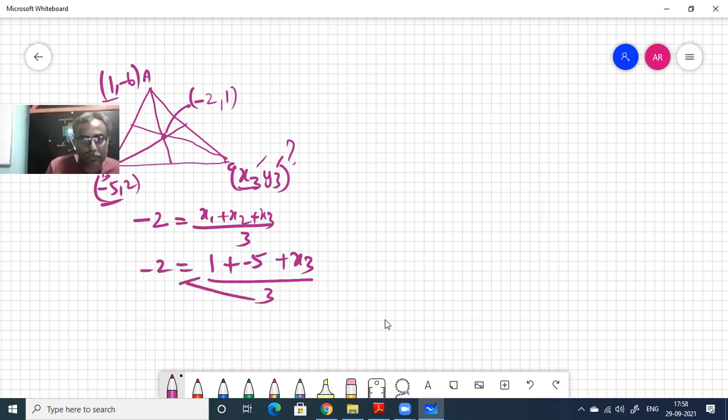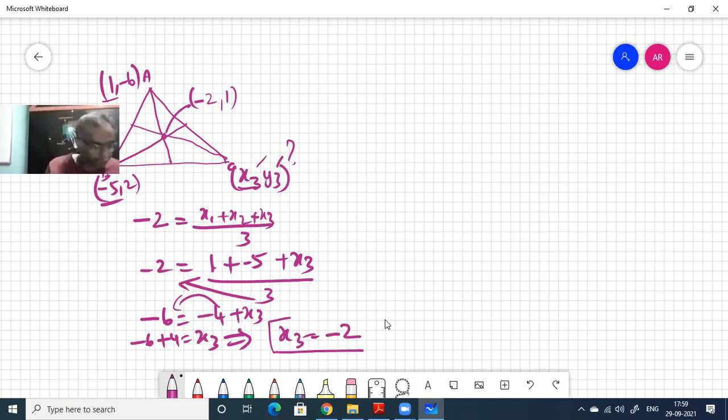You take the 3 to that side: -6 equals 1 minus 5, which is -4, plus x3. So you take this side, -6 plus 4 is equal to x3, which implies x3 is equal to -2.